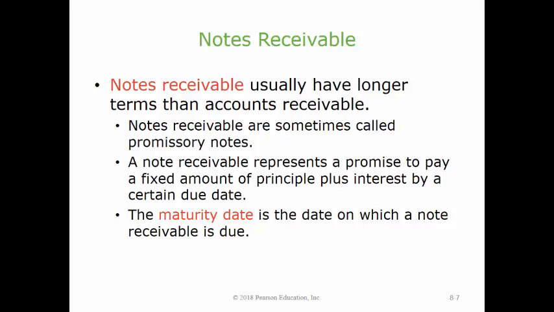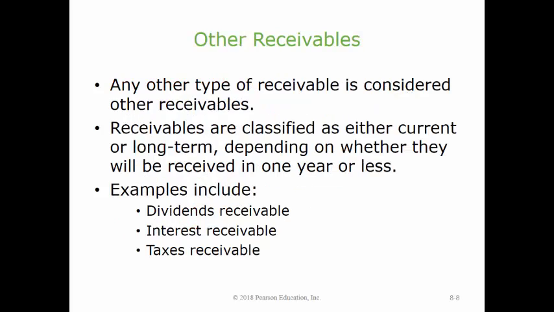Notes receivable are generally evidenced by a legally binding document called a promissory note, a written promise to pay a specified amount in the future. Usually the signer agrees to pay interest at a specified rate. Notes receivable are generally long-term assets, but some notes receivable may be short-term assets for 90 or even 180 days.